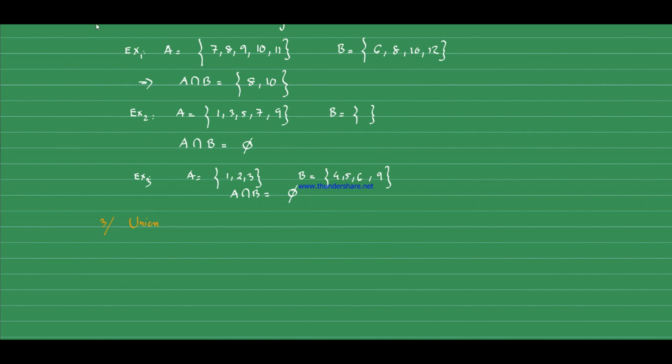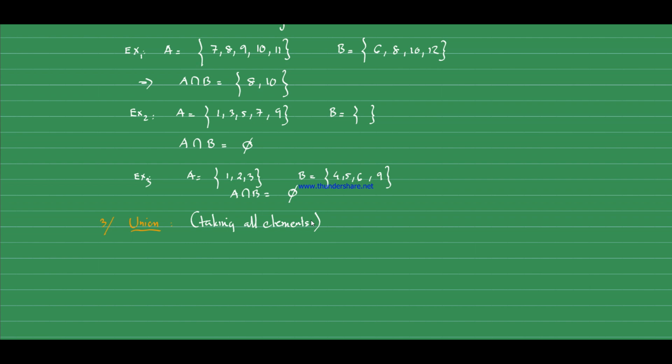So union literally means you take everything, taking all elements. It doesn't matter whether the element is in set A or in set B. You just go ahead and take all the elements. That's what it means.